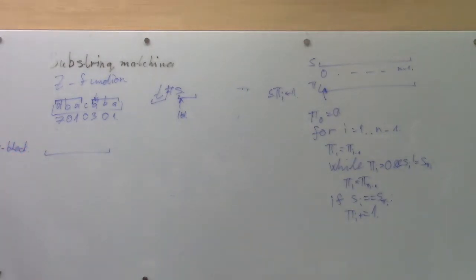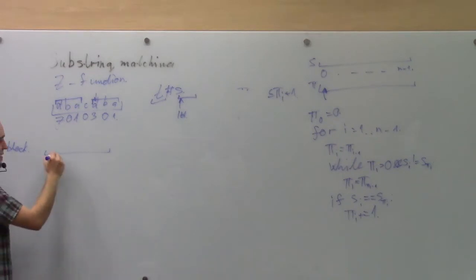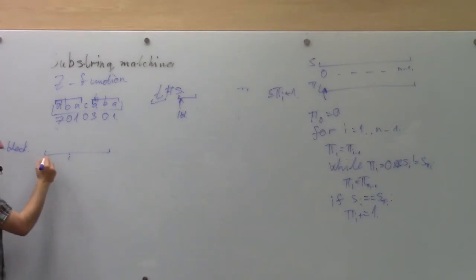What does it mean exactly? If we are at the position i, for example, we have computed the Z function up to this point. We don't know its value here, but we know it for all the smaller positions. We ignore the Z function at the start, because it doesn't give us any information.